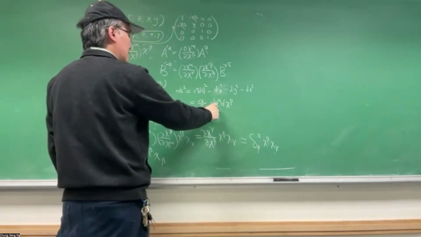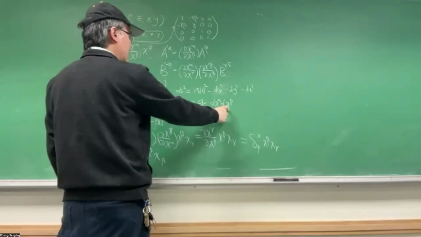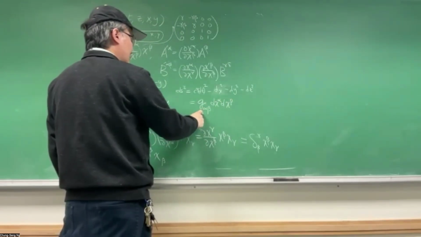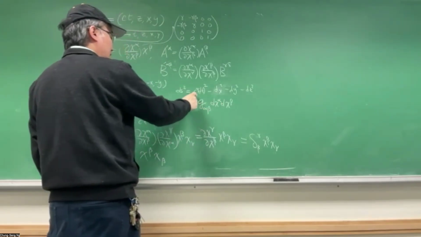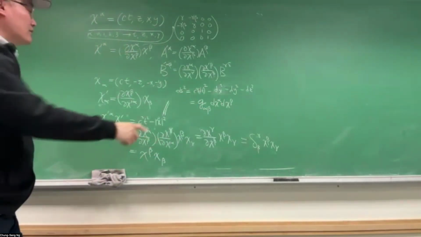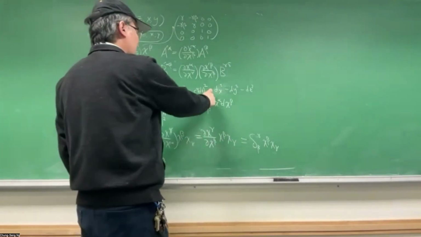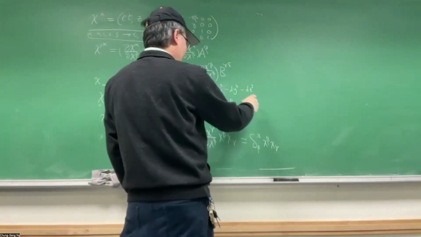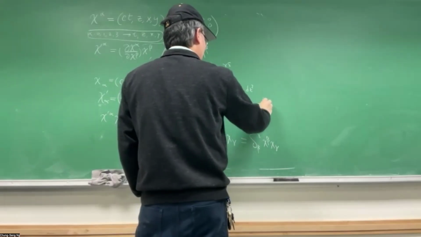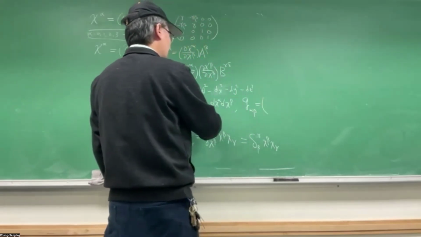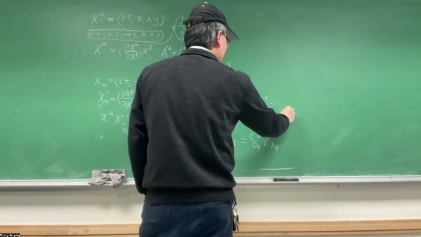You sum over different components of the increment with this tensor, sum over alpha and sum over beta. The result will be the scalar, which is this ds squared. And by comparing this with that, at least for special relativity, this g alpha beta, the metric tensor, is simple because it is just 1 and 1.